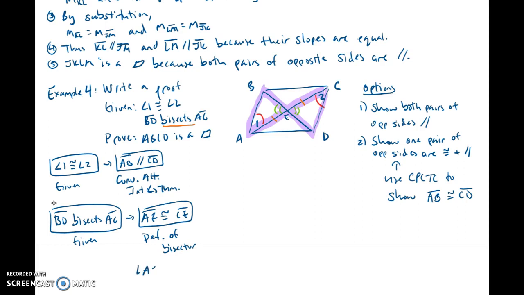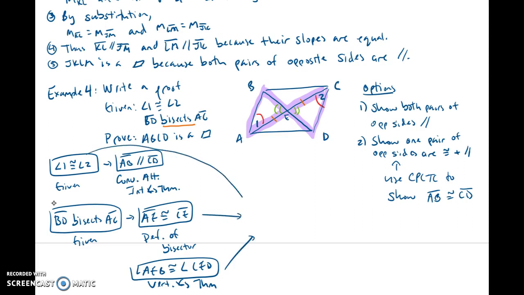So we can say angle AEB is congruent to angle CED by the vertical angles theorem. And then using the fact that angle 1 is congruent to angle 2, AE is congruent to CE, and our vertical angles, we've got, I'm going to flip this one over here, ASA. So triangle ABE is congruent to triangle CDE by angle side angle.